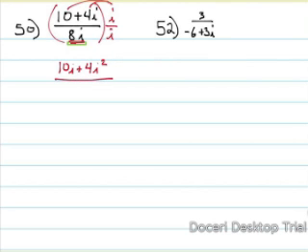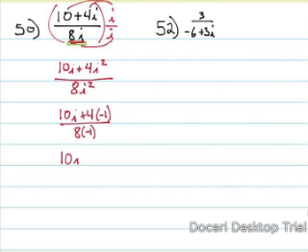On the bottom, we're going to have 8i squared. So we're going to replace those with negative 1s. So we'll have 10i plus 4 times negative 1 over 8 times negative 1. Or 10i minus 4 over negative 8.